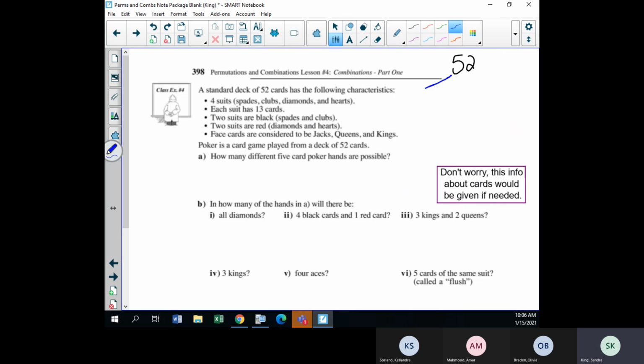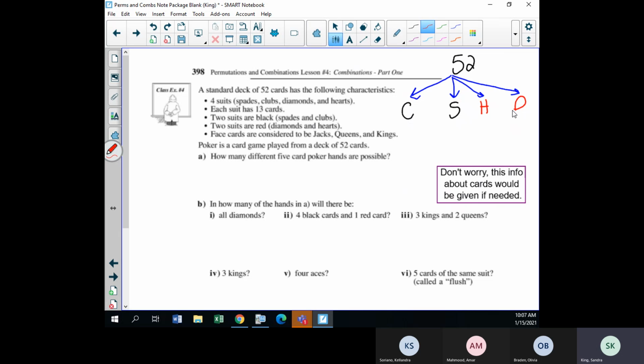And those 52 cards, when you open a deck of cards, can be divided into 4 what's called suits. So there's clubs, spades, hearts, and diamonds. Okay, so 52 cards are divided into an equal number of clubs, spades, hearts, and diamonds.